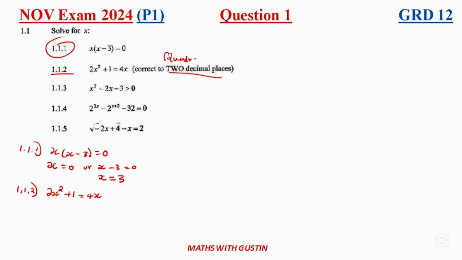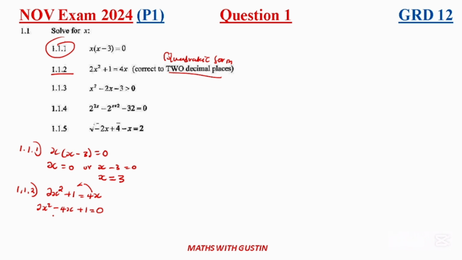All right, so let's go ahead and see what we can do here. We need to take this 4x to the other side, so it's going to be 2x squared, minus 4x plus 1 is equal to 0.